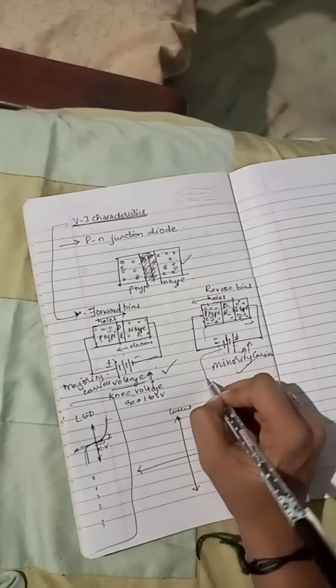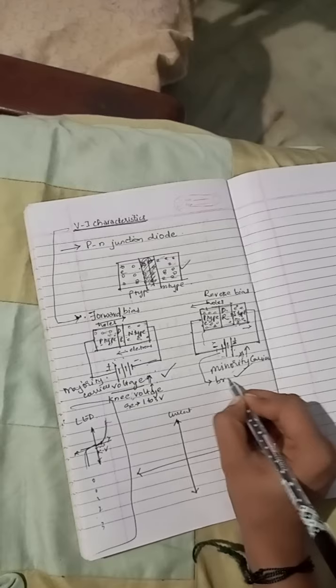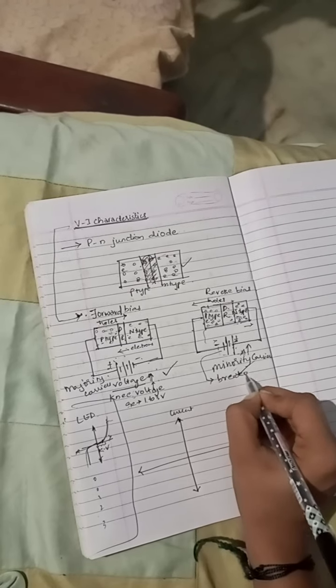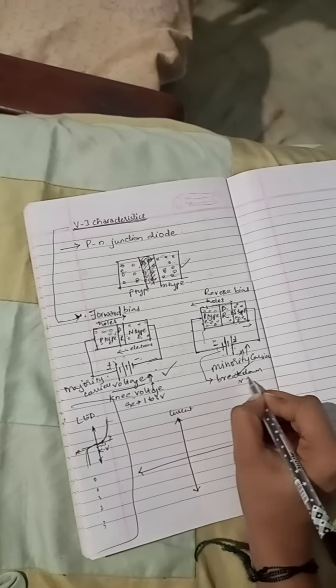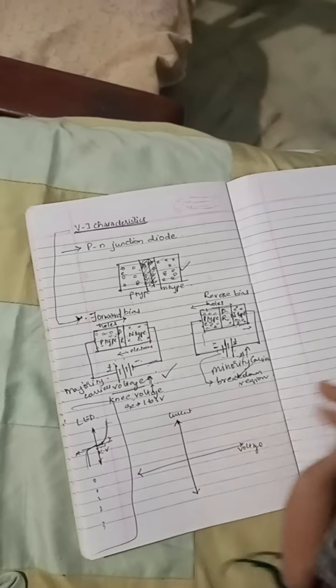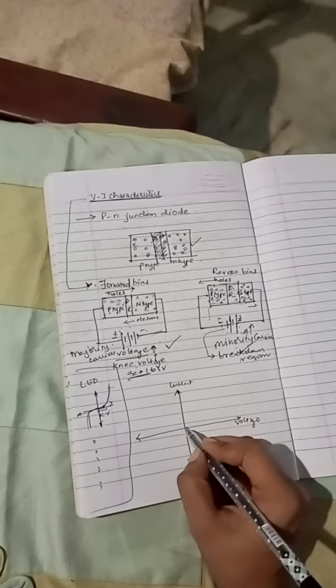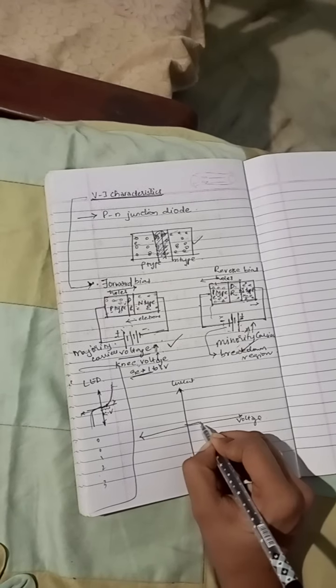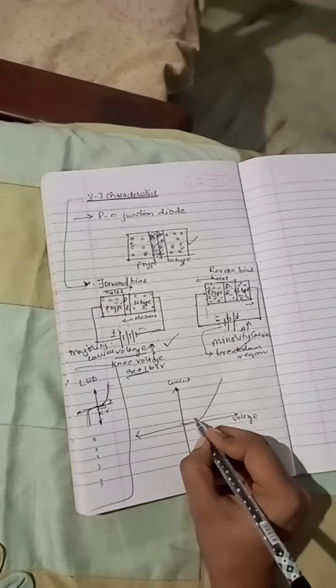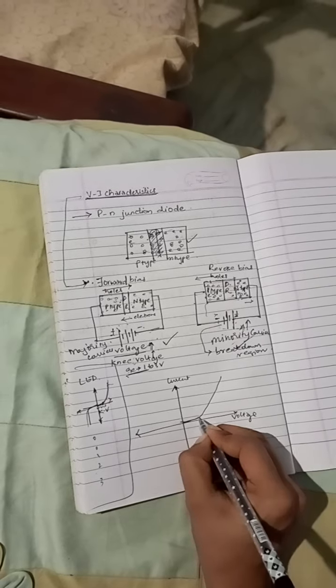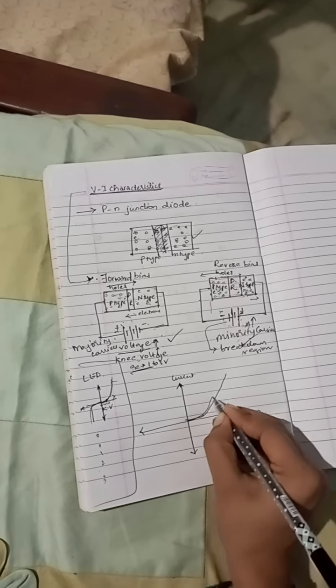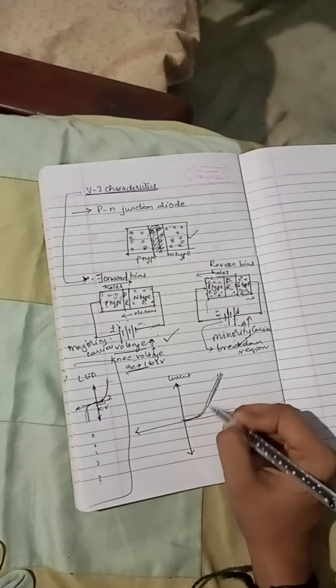At that particular point, this is called the breakdown region. Here the knee voltage is responsible. Sorry students, make this a single line.